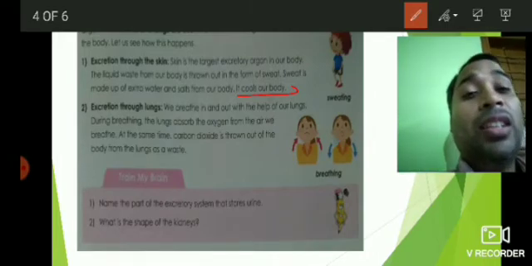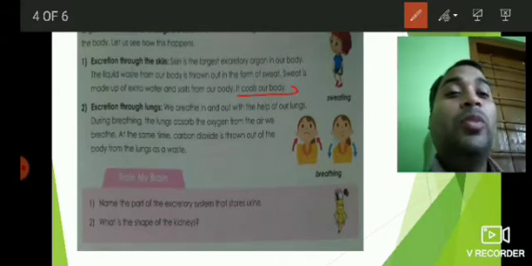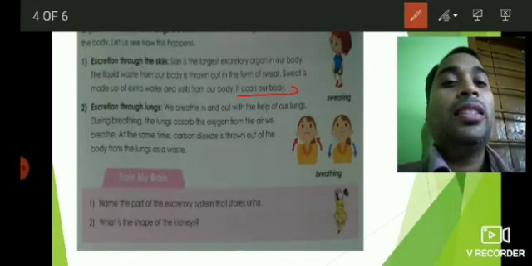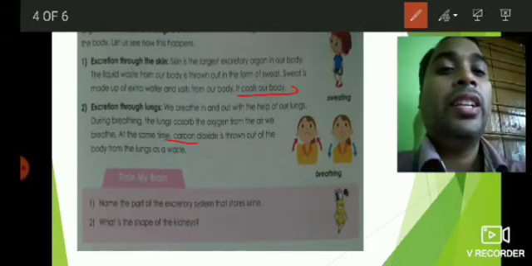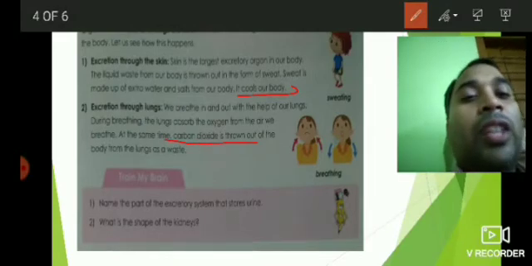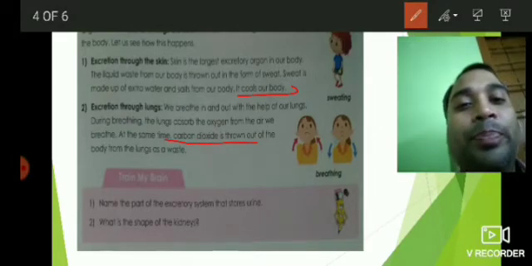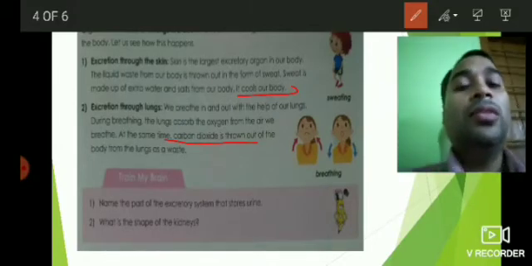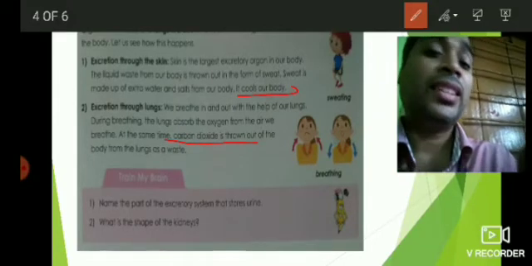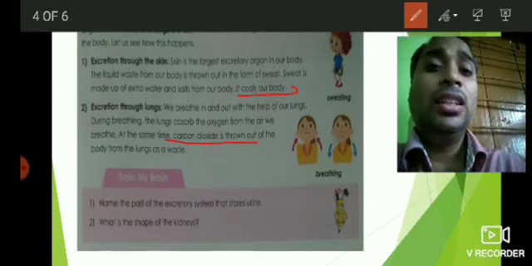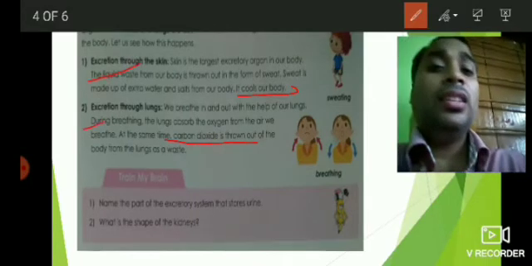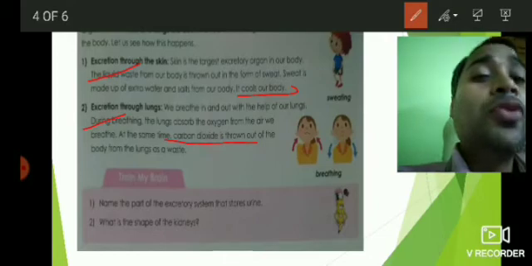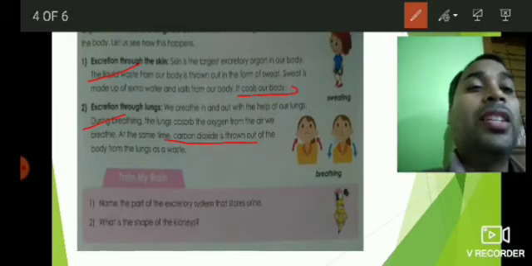So this is how lungs are useful in removing waste such as carbon dioxide. This again you can remember. Carbon dioxide is thrown out of the body from the lungs as a waste. So this is how, apart from the human excretory system like the kidneys, skin and lungs are also useful in removing the waste.